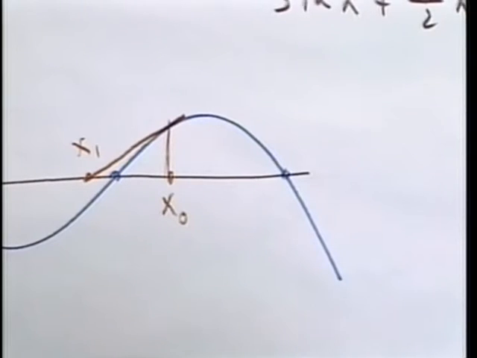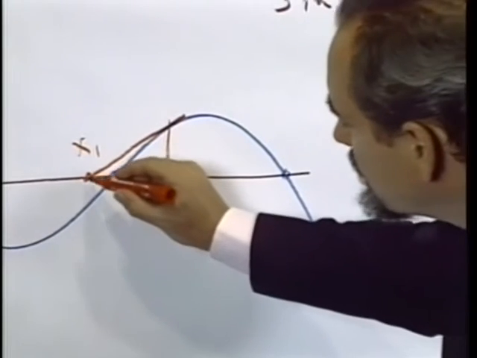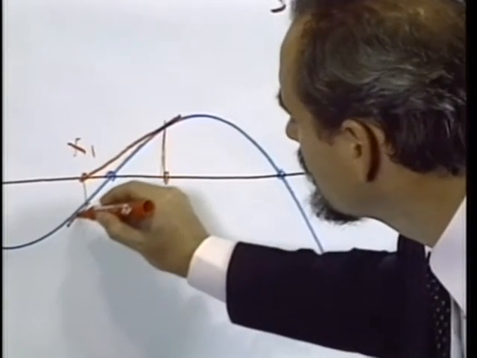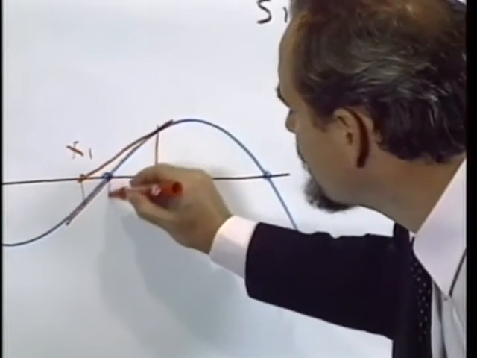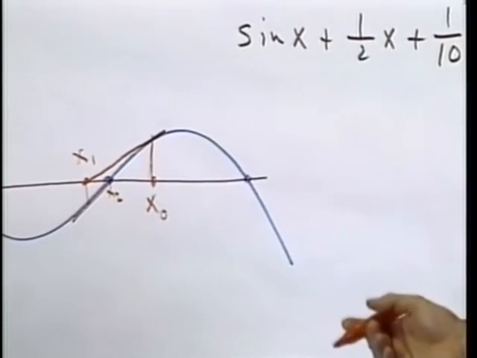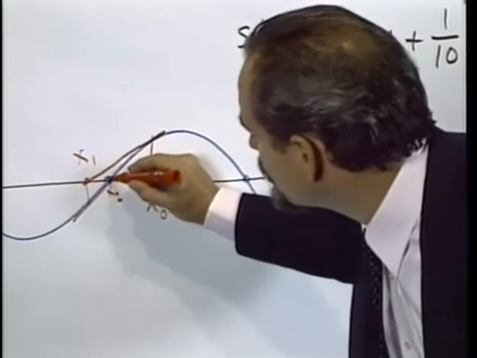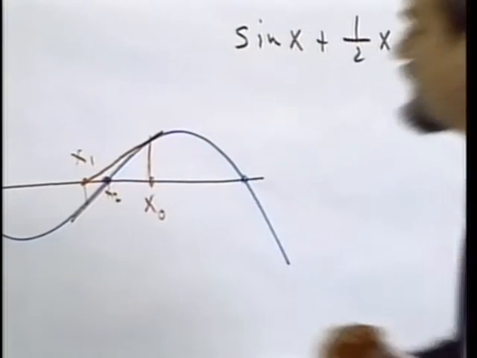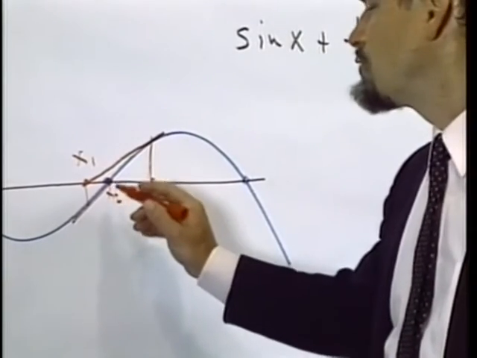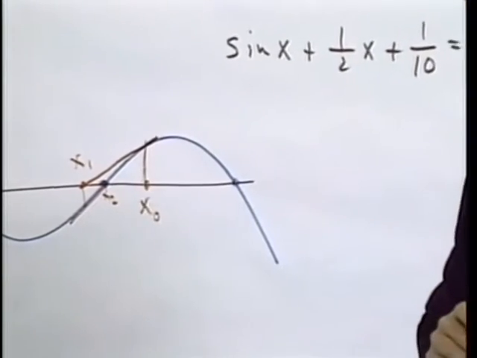If you continue this way, starting at x1 this time, you are led to another approximation, x2, which actually at the level of this drawing looks as if it's perfect. But in any case, you could continue this procedure, and it is clear from the drawing that you will converge, and converge extremely rapidly to this root.